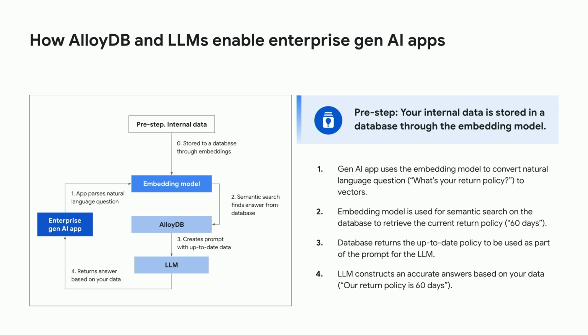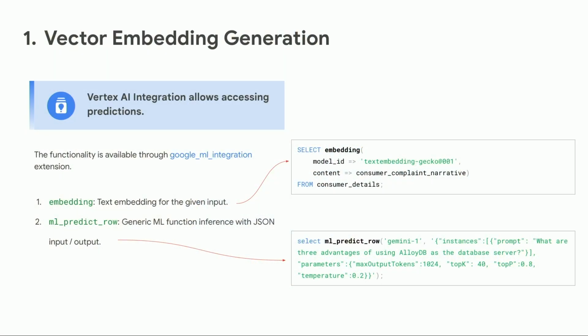We package that result and send it to the LLM as a prompt, and the LLM responds back to the customer, okay, yours is a 60-day return policy. So this is the RAG model, where you have grounding of data rather than giving some random data.